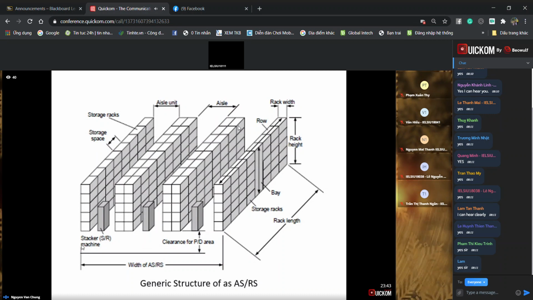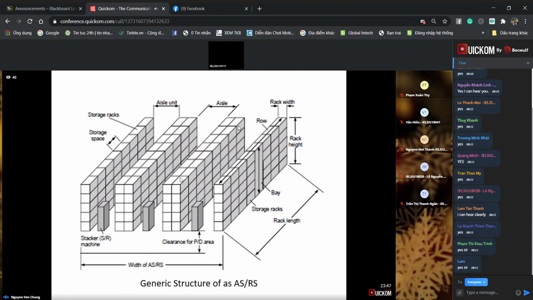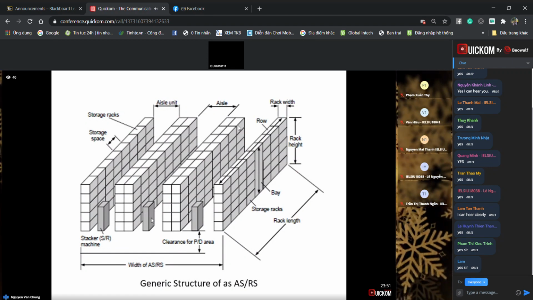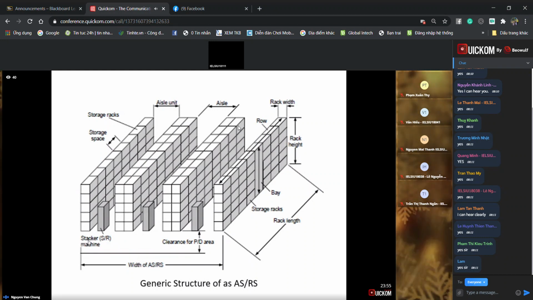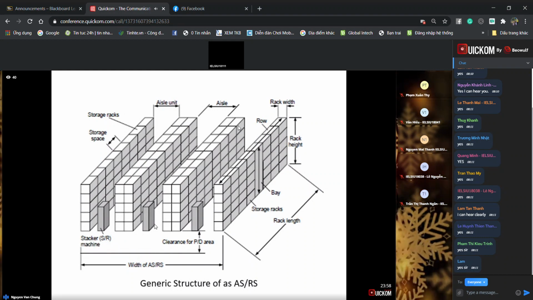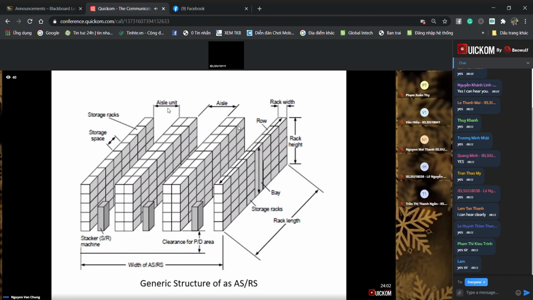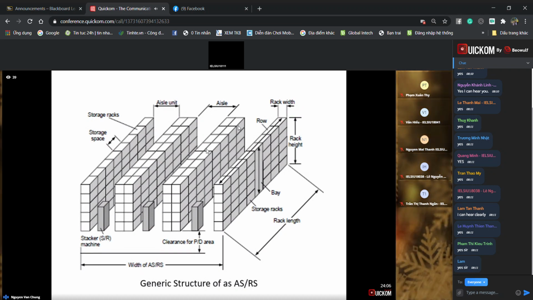Okay, SR move. So like that is the storage and retrieval machine, the store and or retrieval. Sometimes everybody calls it stacker. Okay, you remember? So like that is the I/O unit, it is the same.